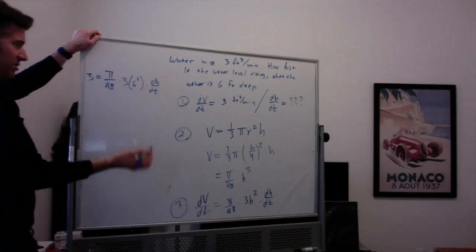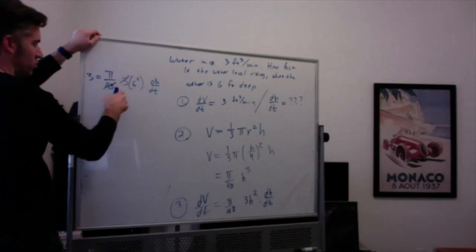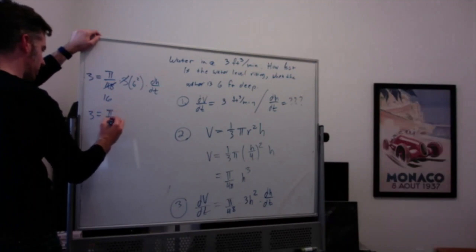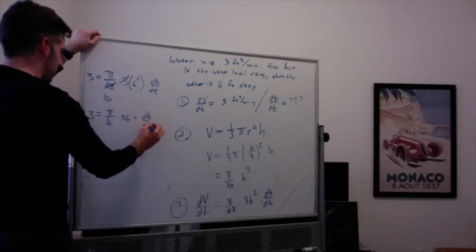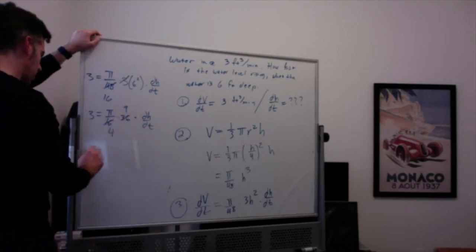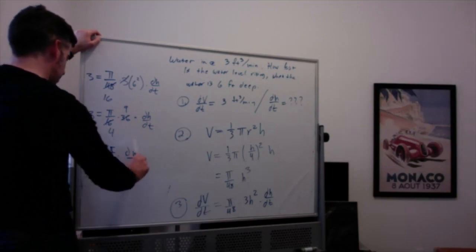Then we can definitely cancel some stuff. 3 and 48 you can cancel, 16. So 3 equals pi over 16 times 36 times dh dt. Probably cancel a 4 here and a 4 here. So 3 equals 9 pi over 4 times dh dt.